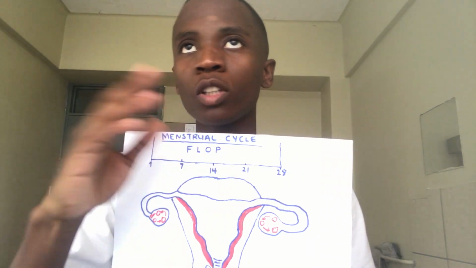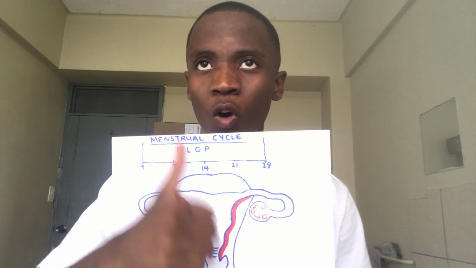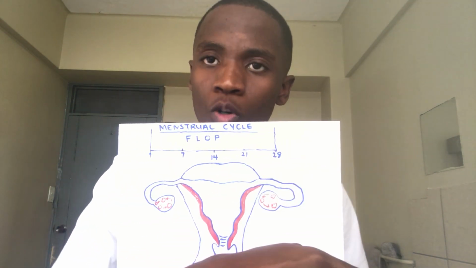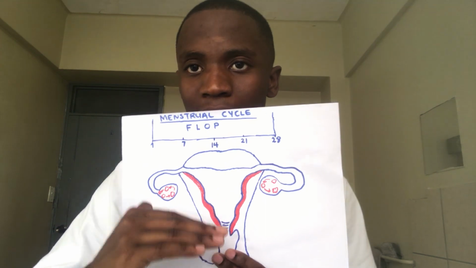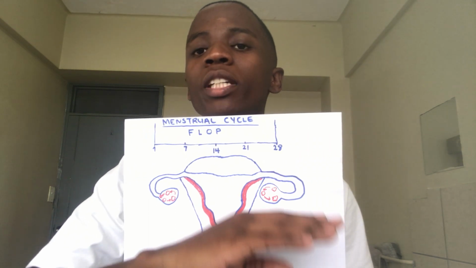We call that a negative feedback, but let's touch on it today. The negative feedback is whereby an increased hormone will inhibit the secretion of the other hormone, meaning that if there are high levels of progesterone, there will be low levels, or no FSH secreted.